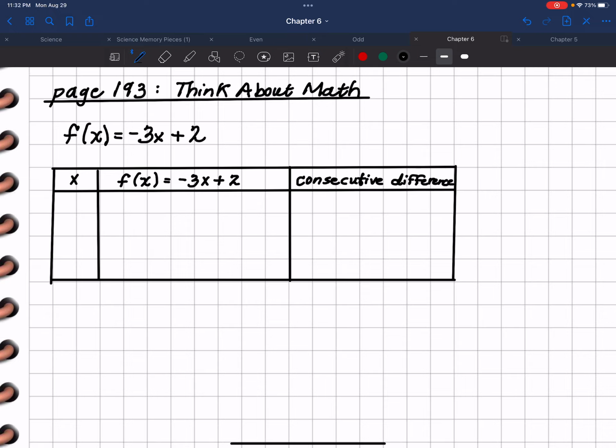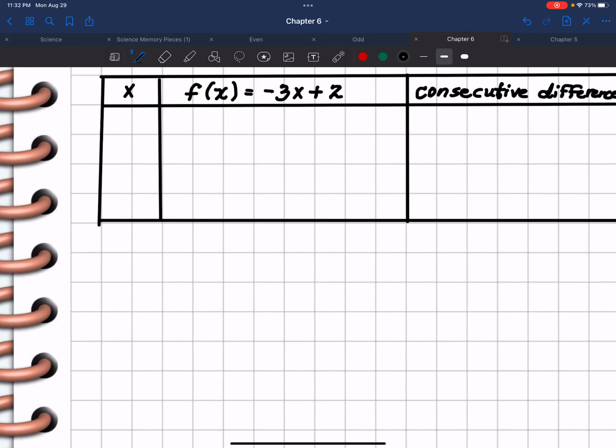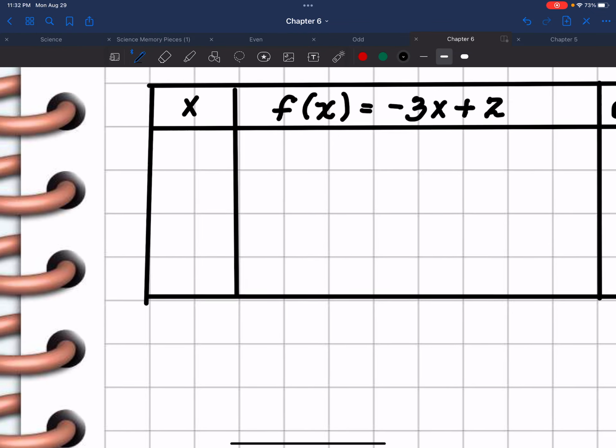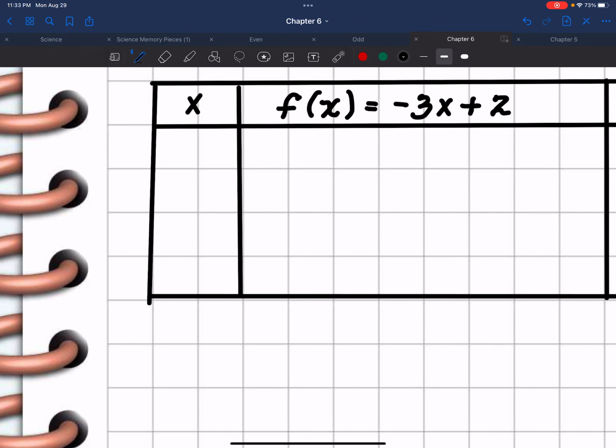Okay, so first I need to choose some x's, and I'm going to choose some small ones. Right now, this is all we're worried about right here. So I'm going to choose negative 1, 0, 1, and 2. And I'm just picking those at random. I like those because they're small.